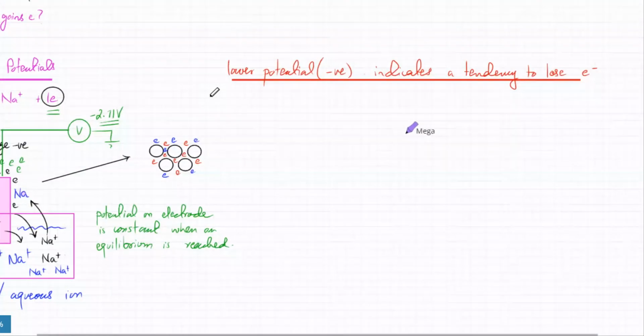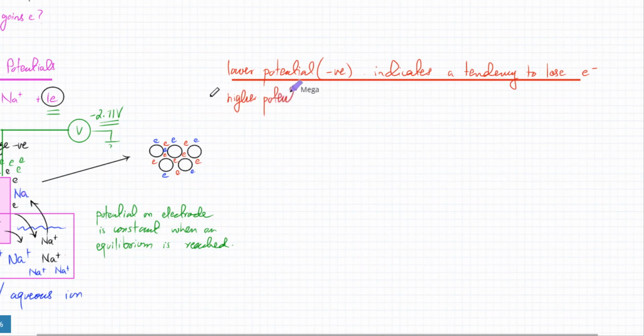And the other rule is that a higher potential, which means a positive potential, indicates a tendency to gain electrons.